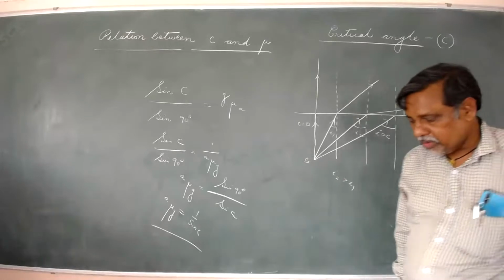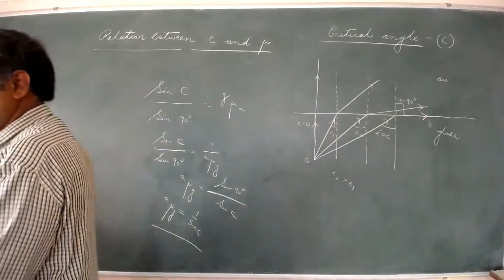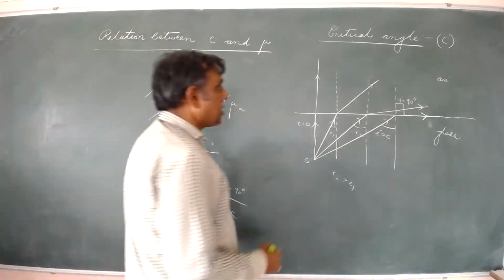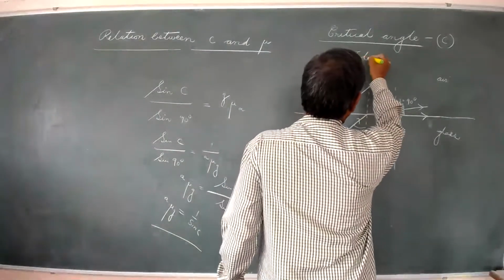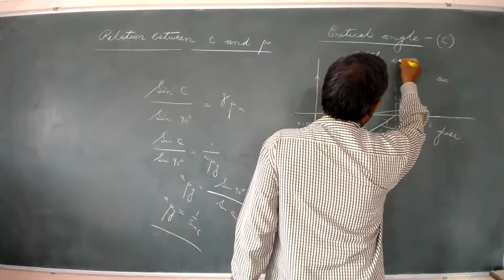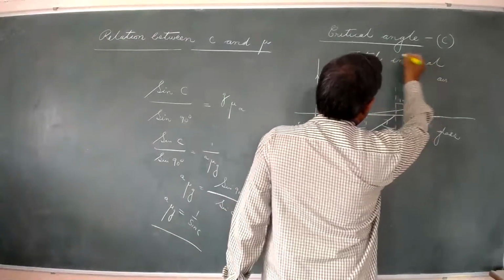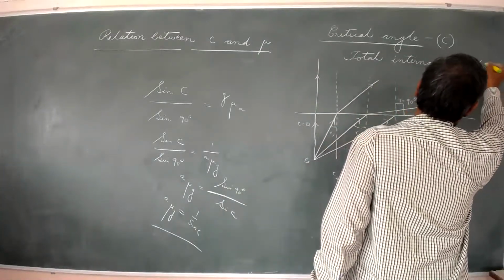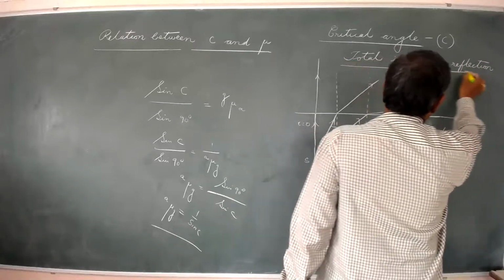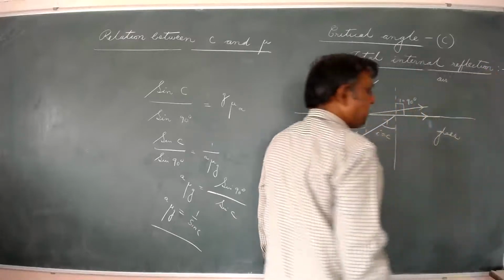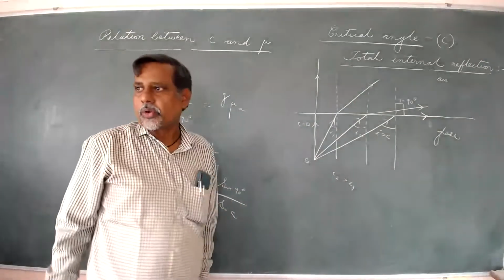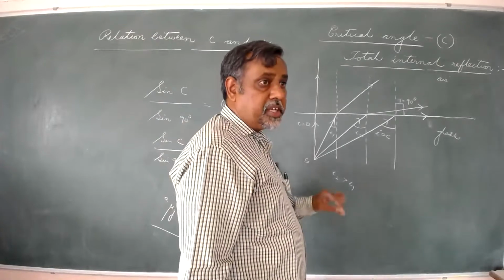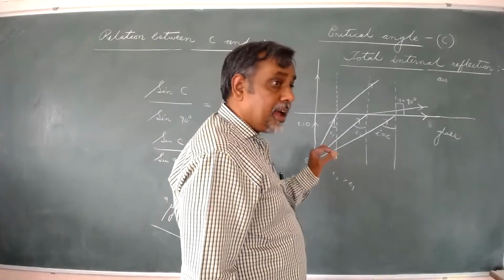Now coming to total internal reflection. What do you mean by total internal reflection? Whenever the angle of incidence equals the critical angle, the refracted ray coincides with the refracting surface. Now, if the angle is increased a little bit more, what happens then? The angle of incidence is more than the critical angle.